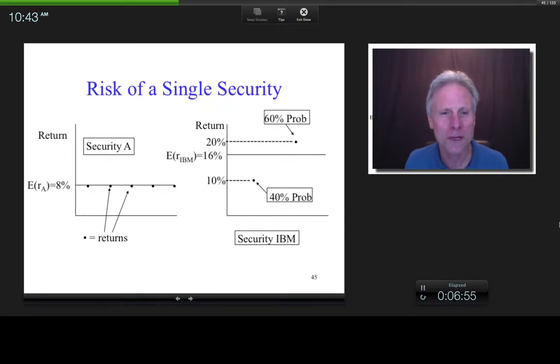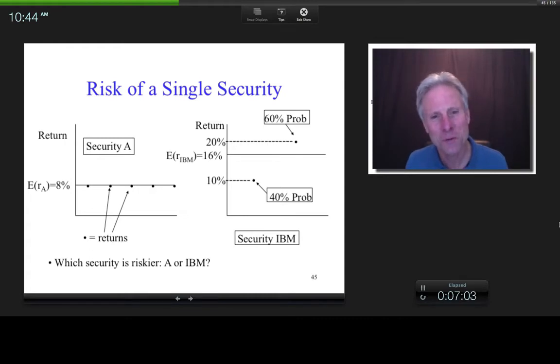So when it comes to these two securities, which one is riskier, A or IBM? IBM, right? So if we developed a formula for risk, would we want an answer of 0 if we applied it to IBM? We wouldn't, right? Because it has some risk. But on the other hand, we would want an answer of 0 for A because it has no risk.